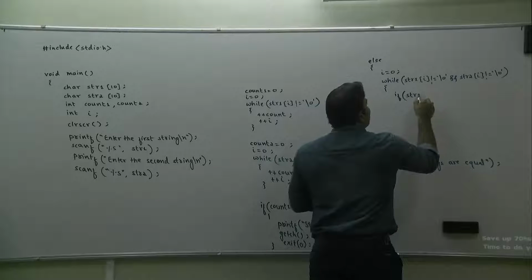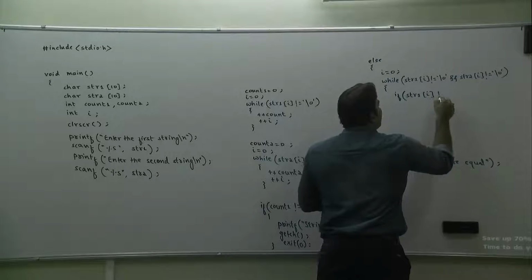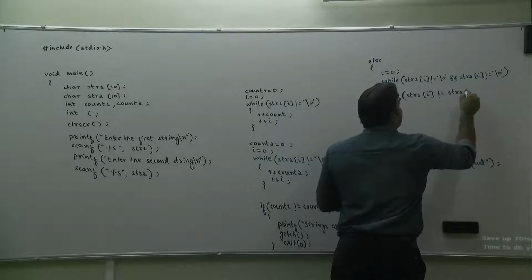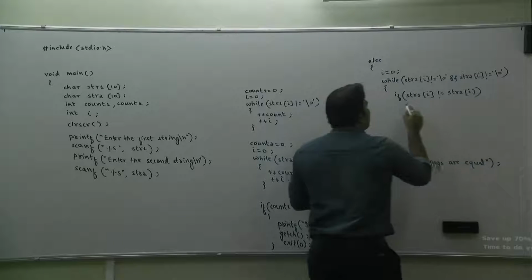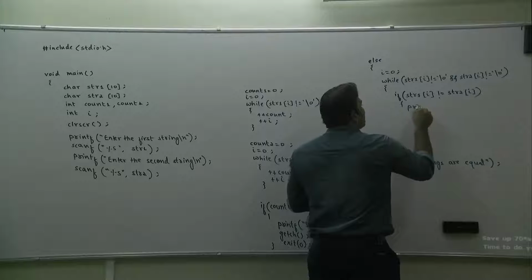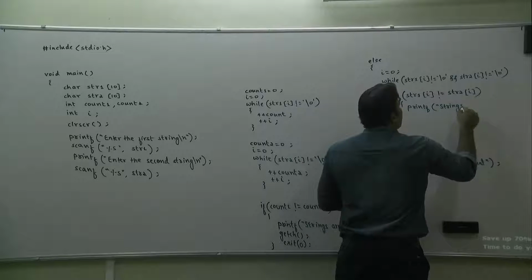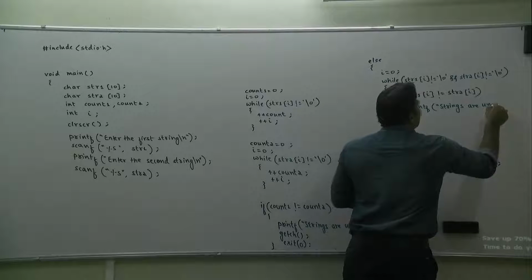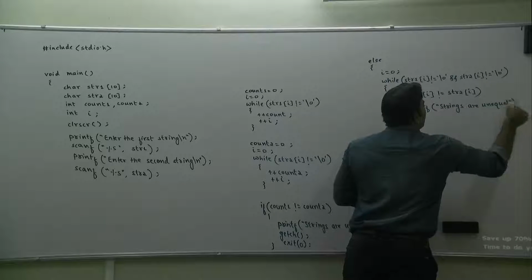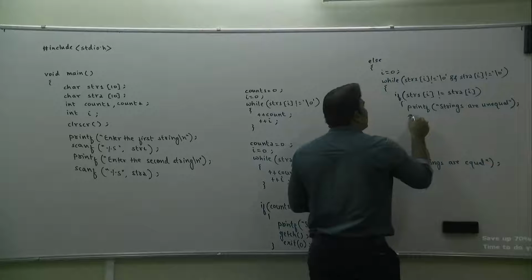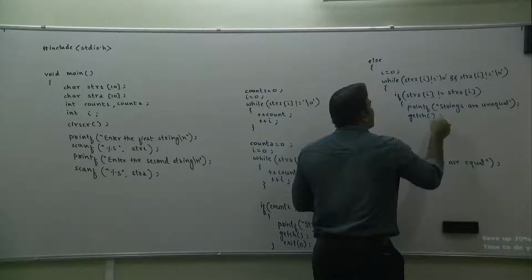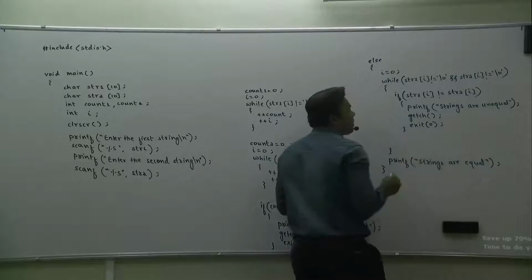If whatever is there in str1 of i is not equal to whatever is there in str2 of i, then I can tell that strings are unequal. And after telling strings are unequal, to see this, I will call getch. After that, I will exit from the program itself. Why should I remain in the program?